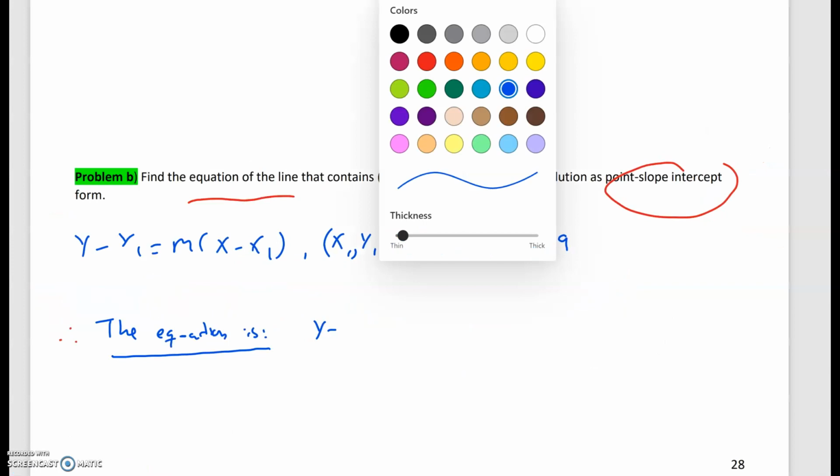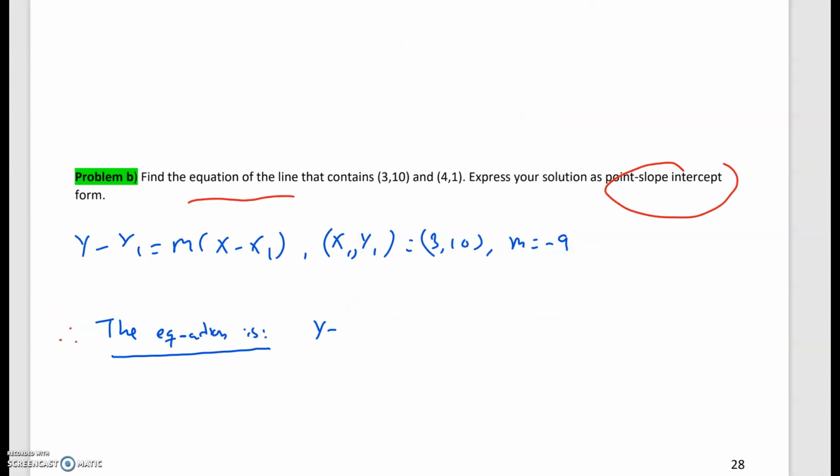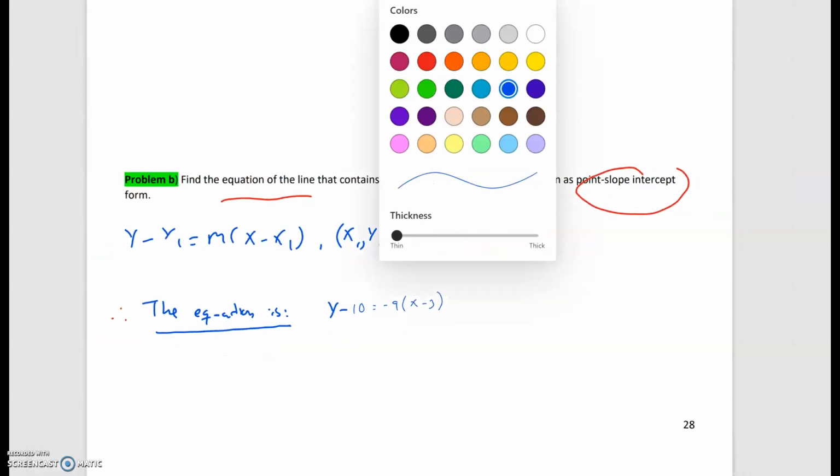So we'll rewrite it as y minus, and your y1 happens to be the 10. This is equal to negative 9 times, in this case, x minus 3. And that is the equation of the line.